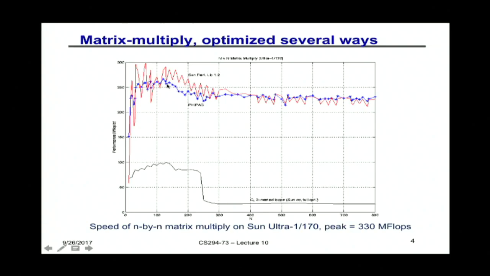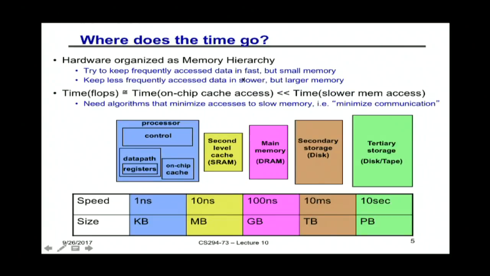And the red one is the vendor-provided Sun Performance Library. The vendors, the hardware people, know what the hardware architecture looks like. They can do a lot of hand tuning. And you can see that with this auto-tuned library, the speed can be almost as good as the vendor's, the people who are doing the hand-tuned code.